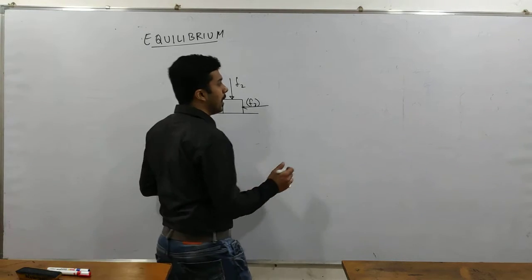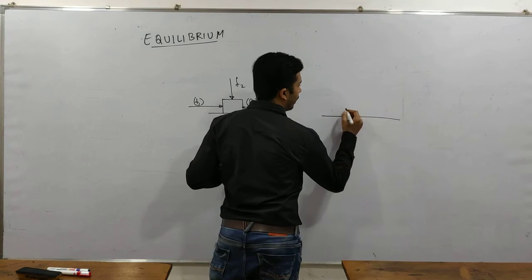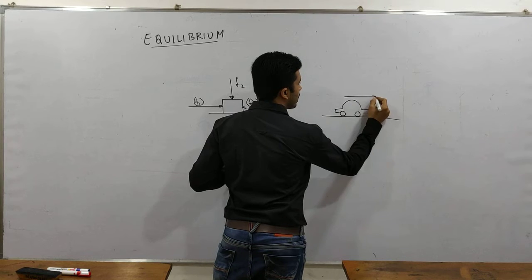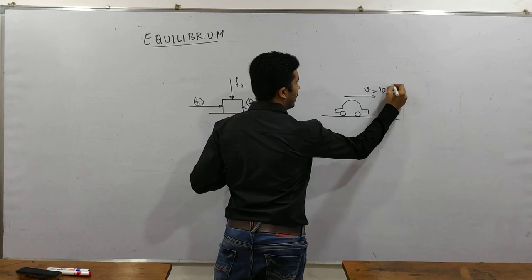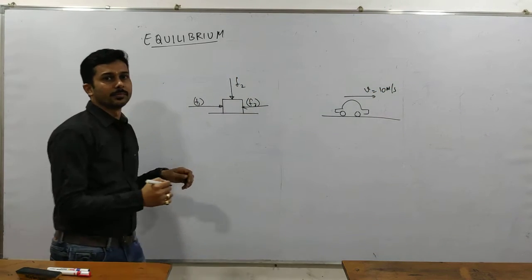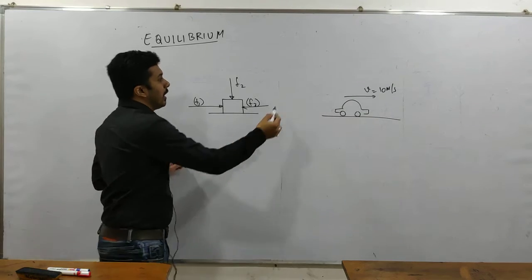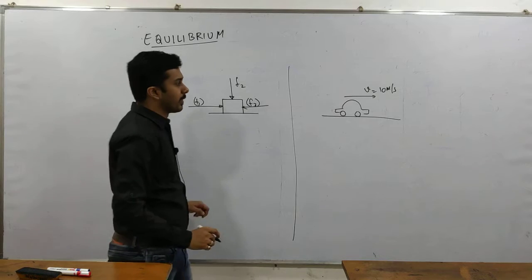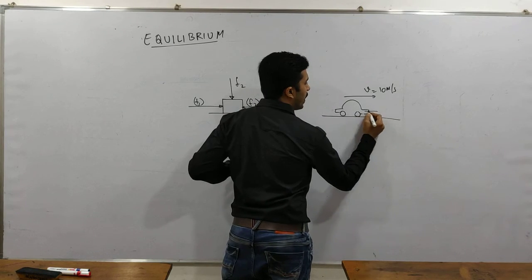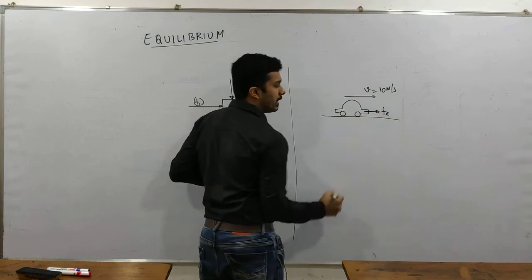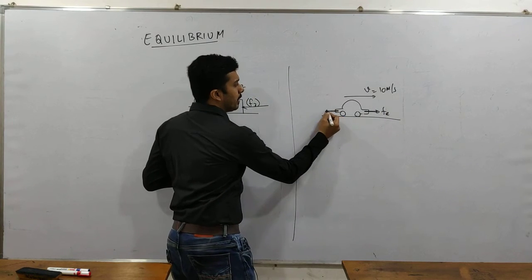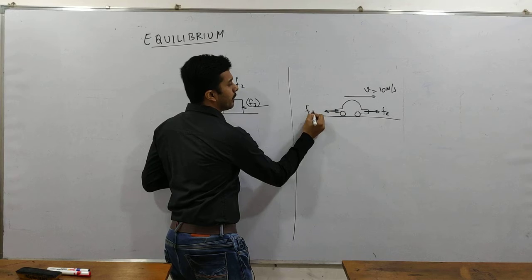Next question. Suppose I have a car moving with a constant velocity, let's say 10 meters per second. Can you find out how many forces are acting upon it? The engine is providing a force forward, F of engine, and the air is providing the drag, F drag.